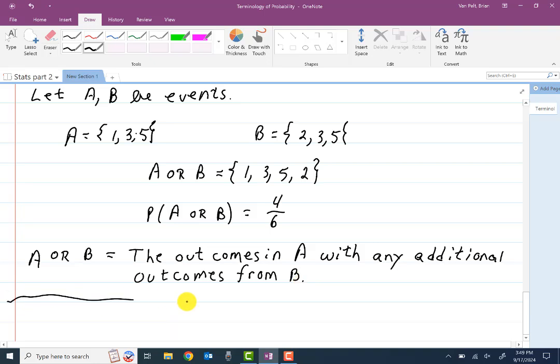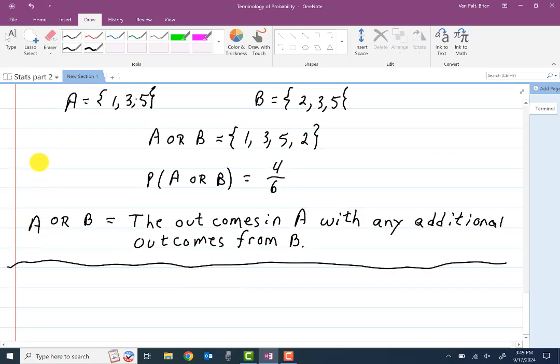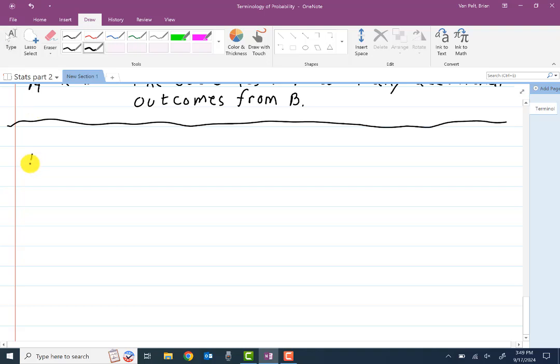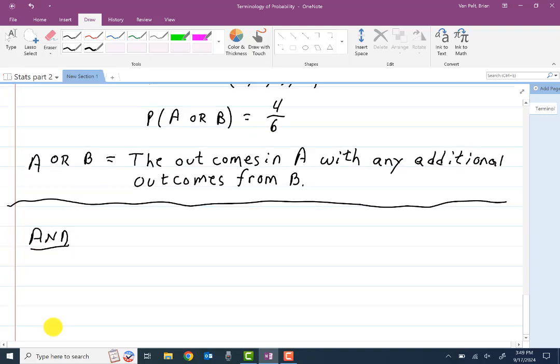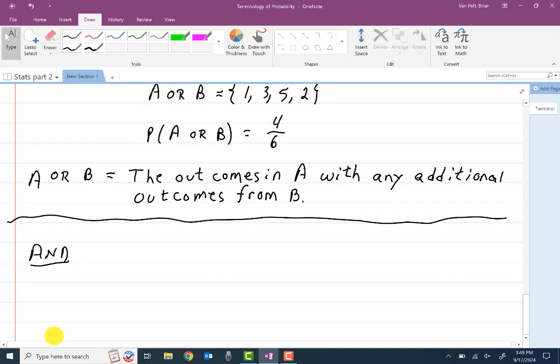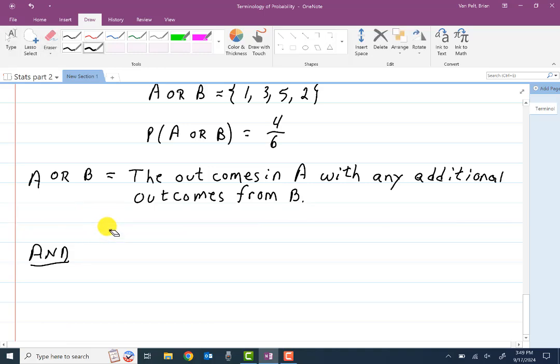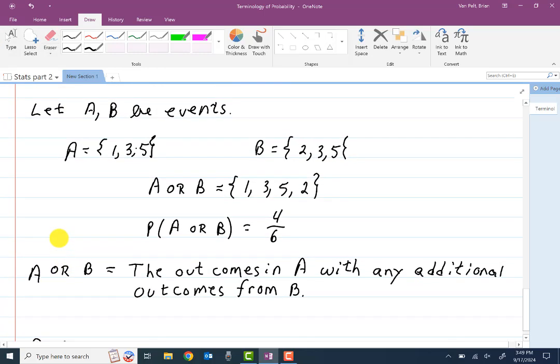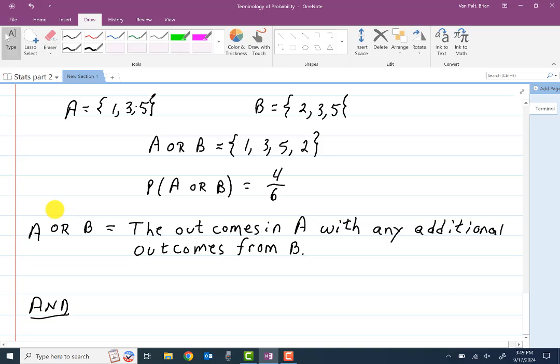All right, the next important concept, and. So I'm going to use the same, I'm going to get rid of this. Since I'm going to use the same A and B for all that I'm going to do, if I have A and B, if I write this, I want all the items that are in both A and B at the same time.